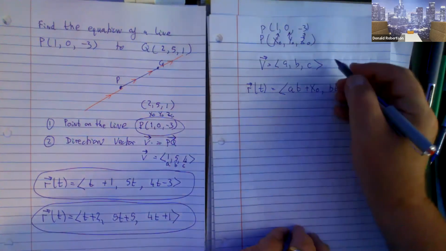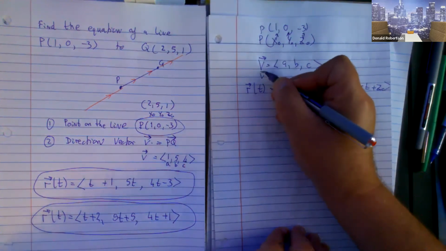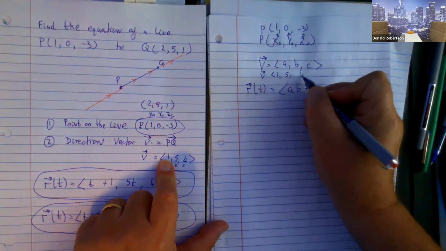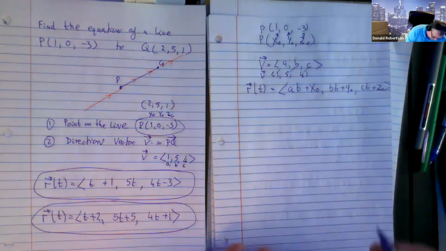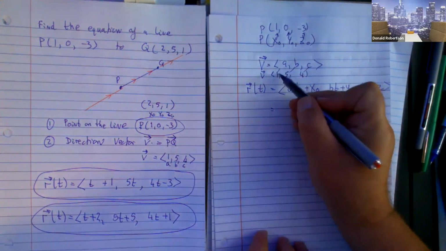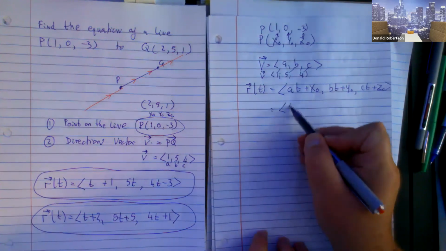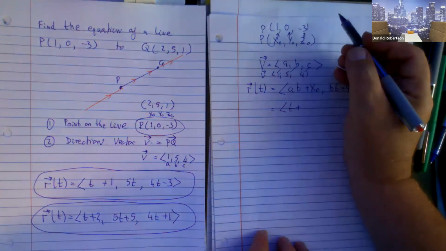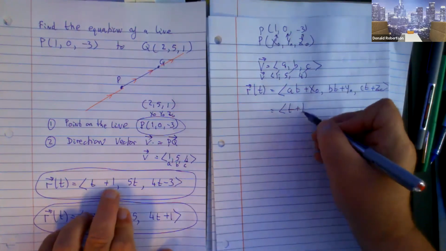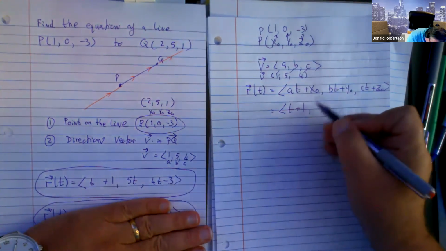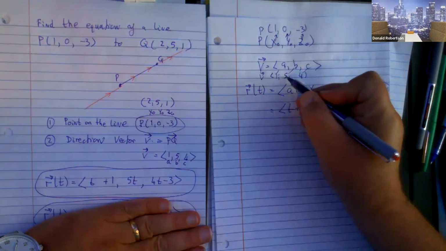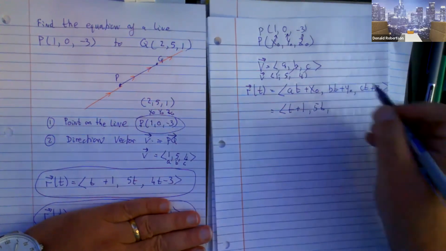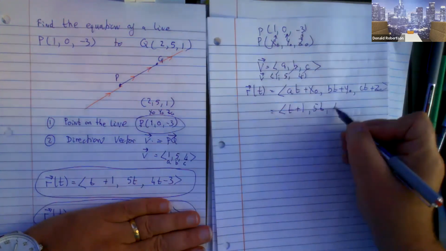And the direction vector happen to be 1, 5, and 4. That's what these guys are going to be. Then you put it together, you get one of these, 1t plus 1. Then you're going to have bt, so that's 5t plus 0. And then ct, there's going to be 4t minus 3.